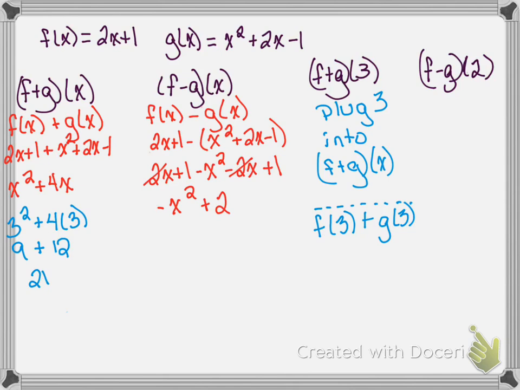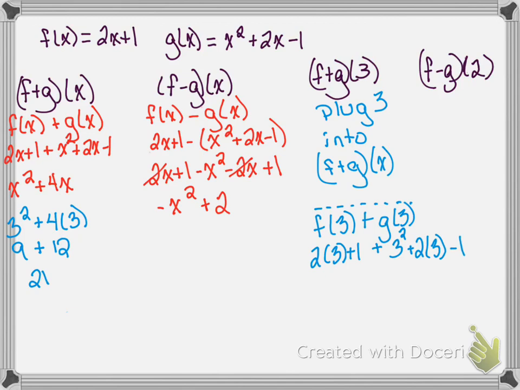So I can find f of 3 by plugging 3 into 2x plus 1. Then I am going to plug 3 into x squared plus 2x minus 1.